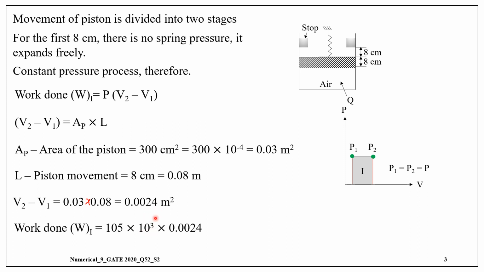This 10 power 3 is to convert kPa into pascals. That gives work done is equal to 252 joules. And this is the work done during stage 1 or step 1.